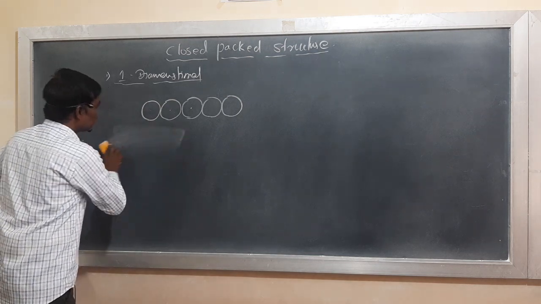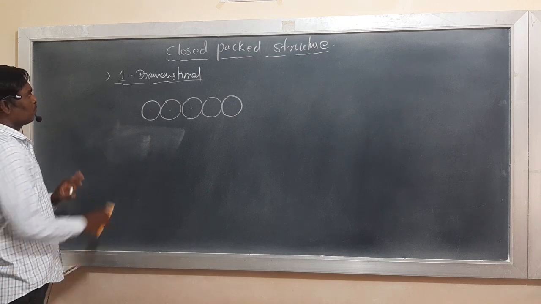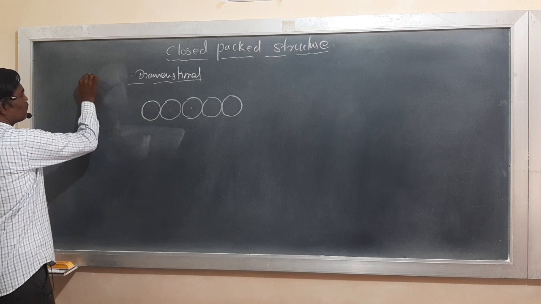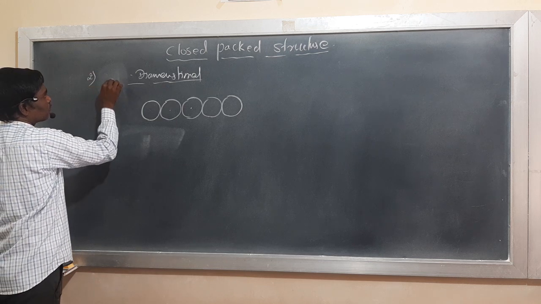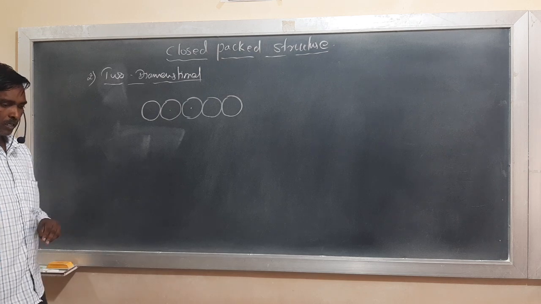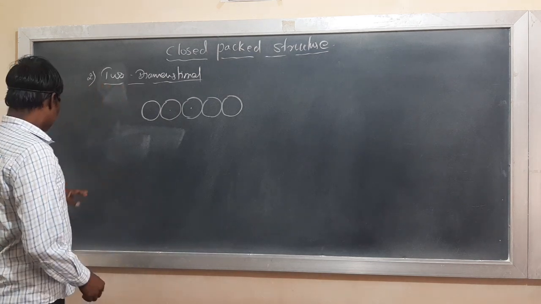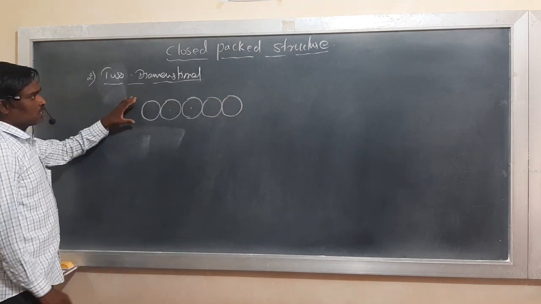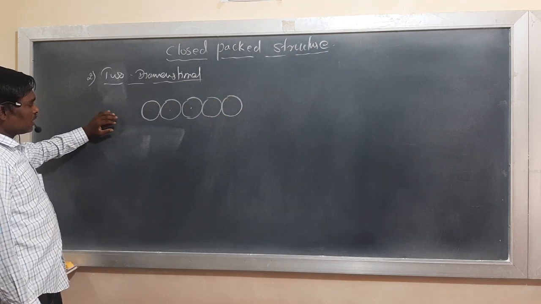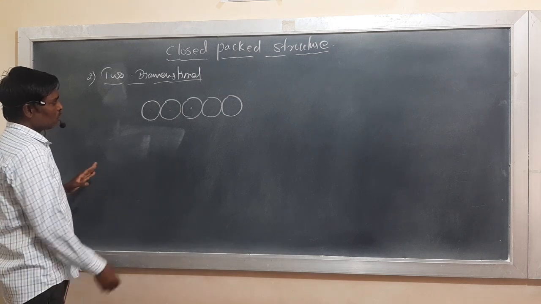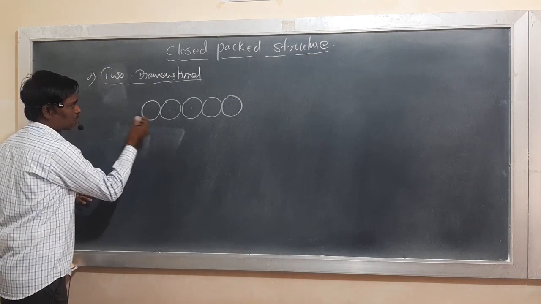Now let me go to the two-dimensional arrangement of the constituent particles. See, in the two-dimensional arrangement, first I arrange the particles along the x-axis, and then I place the second row exactly the same as the first one.